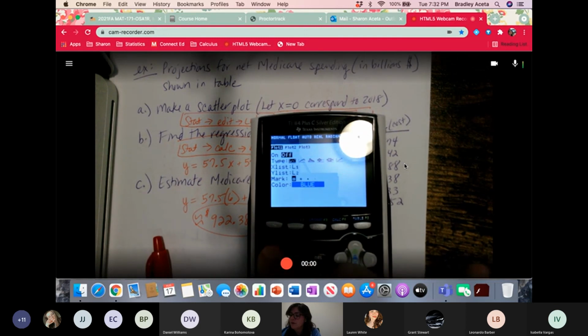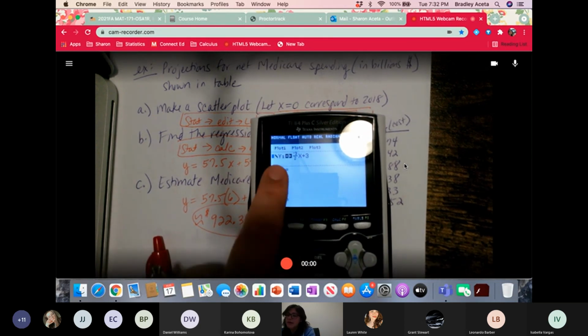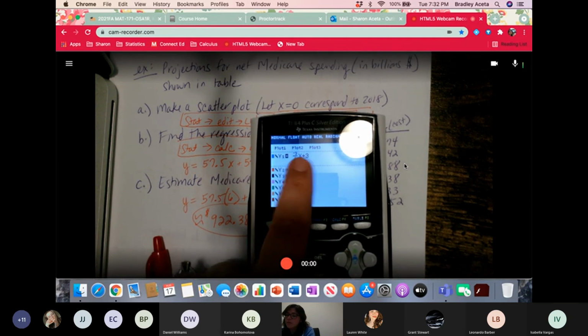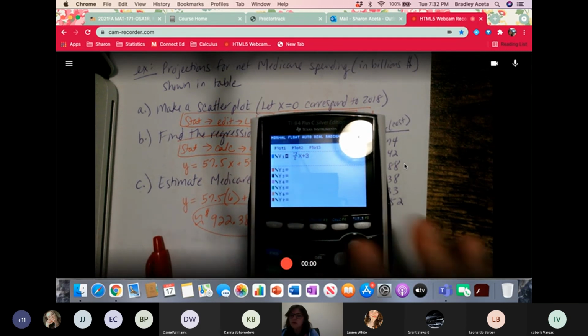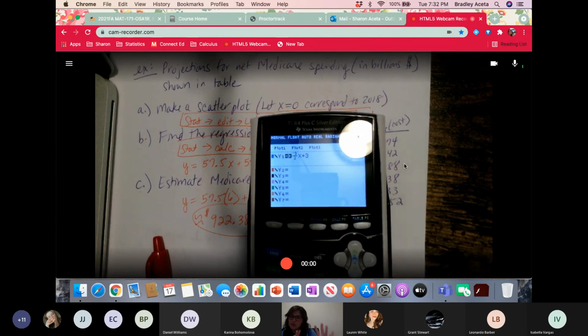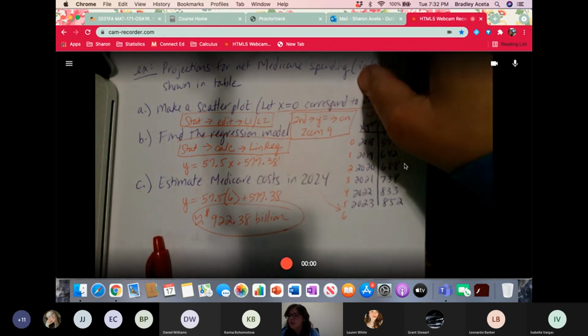And that way, if you want to graph your lines later on for like what you're doing in class, you go to y equals right there. And then notice, see how it says plot 1, plot 2, plot 3, all the plots are off. So you're good. So you can go, zoom 6 is your standard view. Zoom 9 is your statistical view.